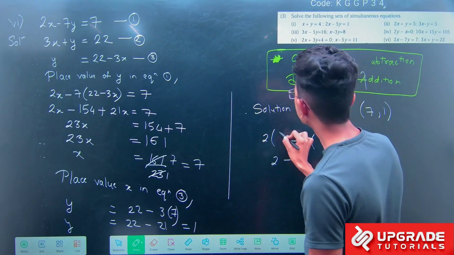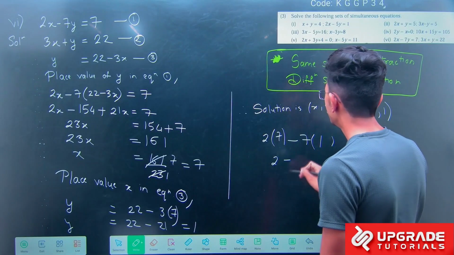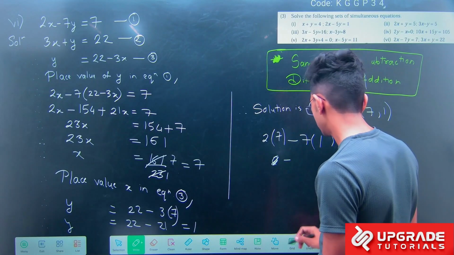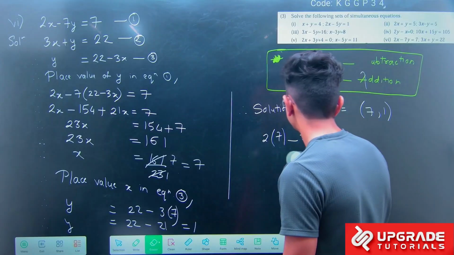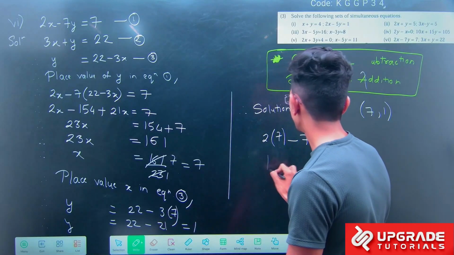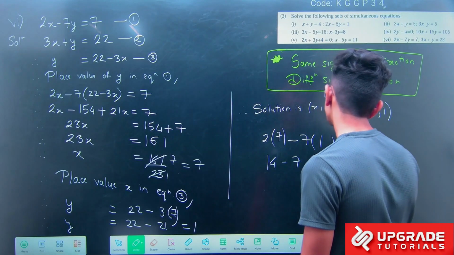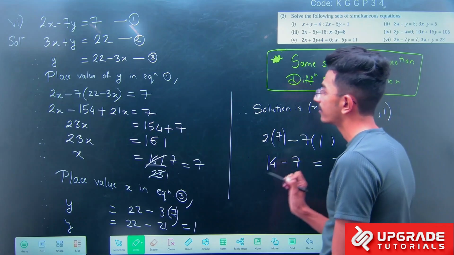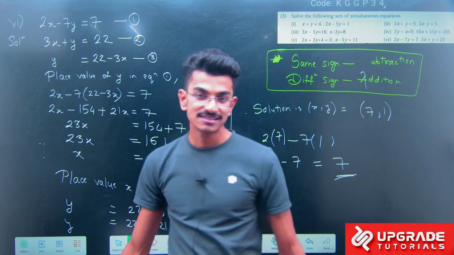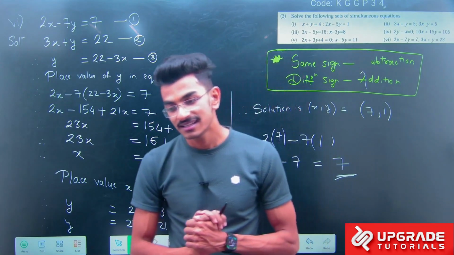So 2 into 7 minus 7 into 1. 7 twos are 14 minus 7. 14 minus 7 is 7. And you got the value of RHS, means your solution is correct.